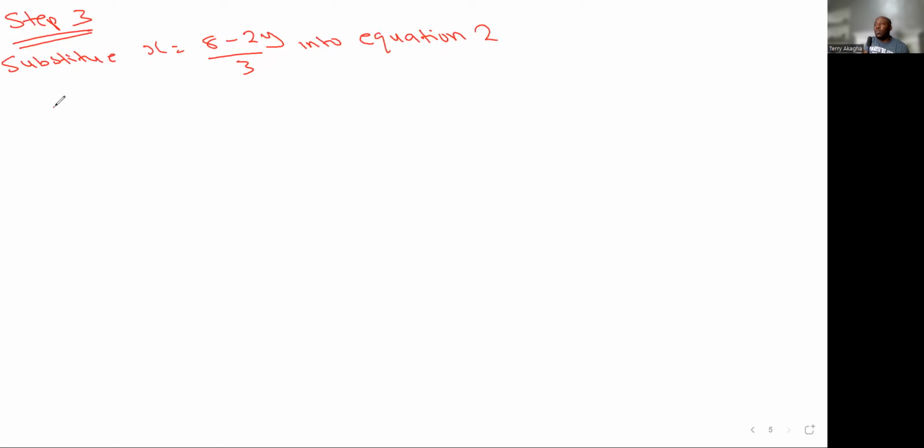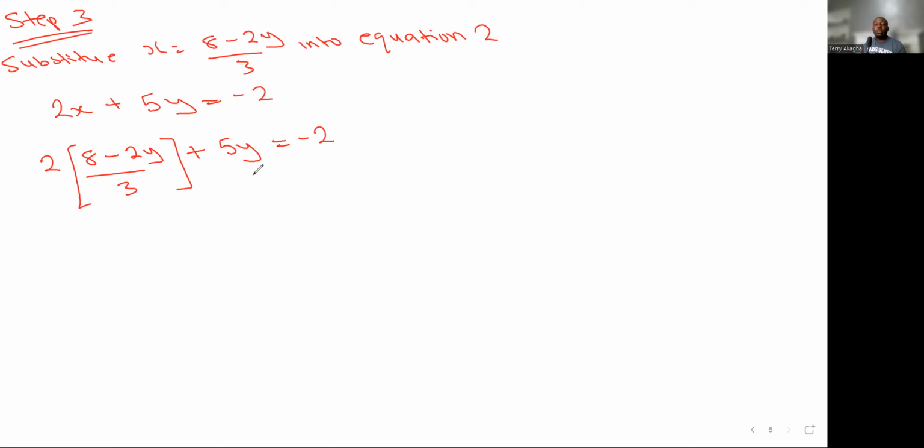So basically, anywhere you see x in equation 2, we're going to put this value that we got, 8 minus 2y divided by 3. So that is going to be 2 into bracket, 8 minus 2y divided by 3, plus 5y will be equal to minus 2. Okay, then we've done that.